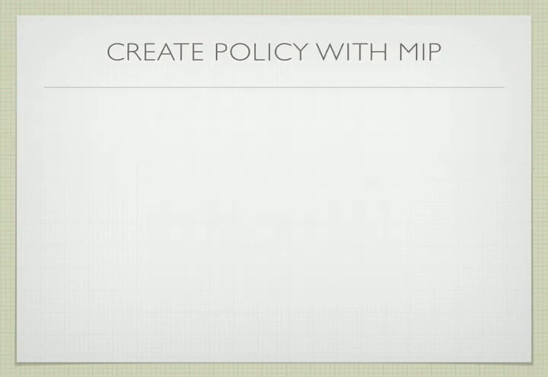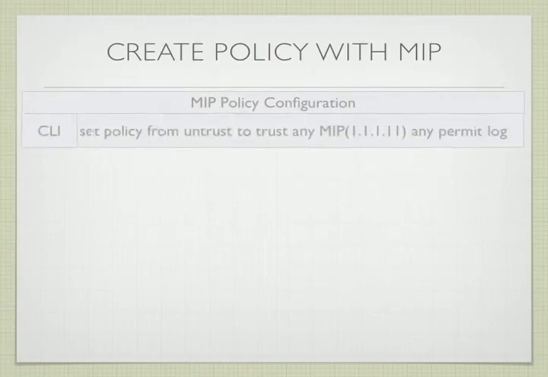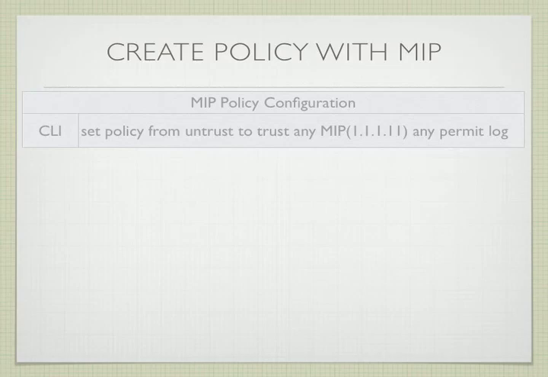If you're doing ranges or multiple, you just change the mask in order to spin up the whole section. Once the MIP is created, we create our policy the same way we always do by set policy command, zone to zone. And instead of an address object, we have MIP and the address in parentheses. In this case we're using any service, but we can, of course, do the same service, multiple selects, service groups, etc., that we learned about in basic policies.